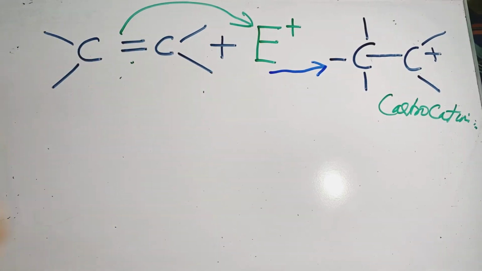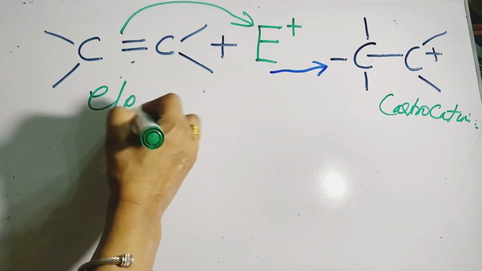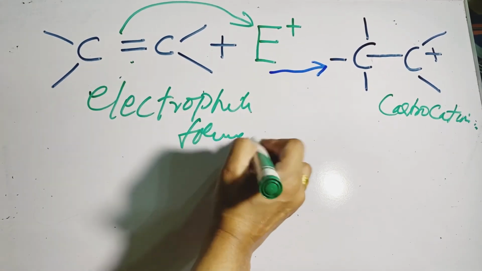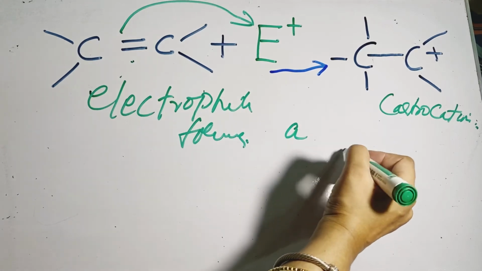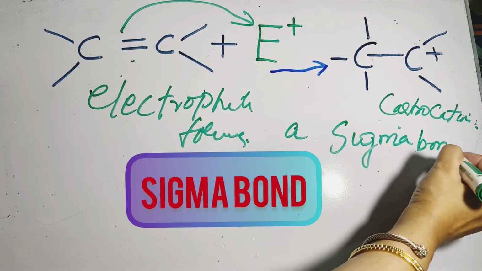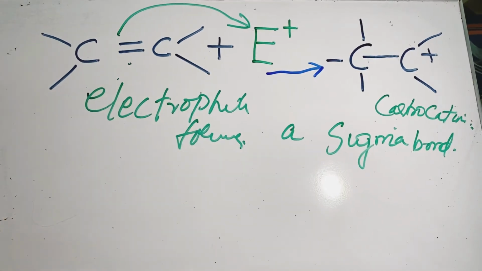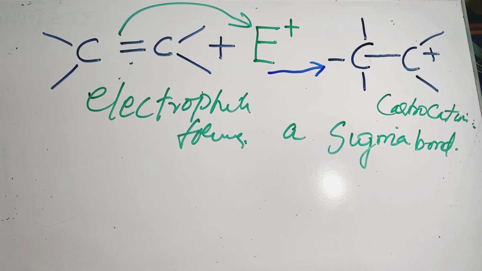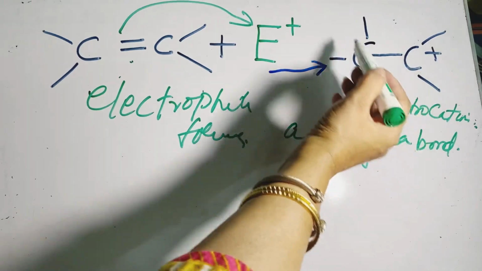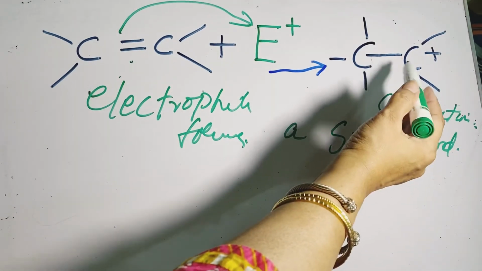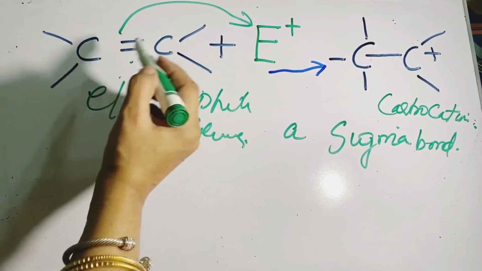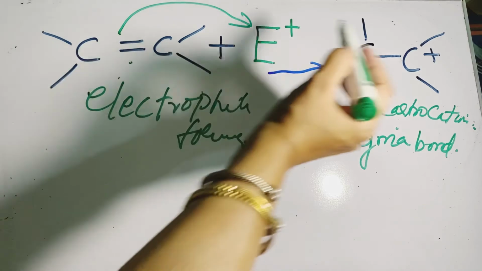So the electrophile forms a sigma bond with one of the carbons of the double bond of the alkene, and becomes a carbocation.